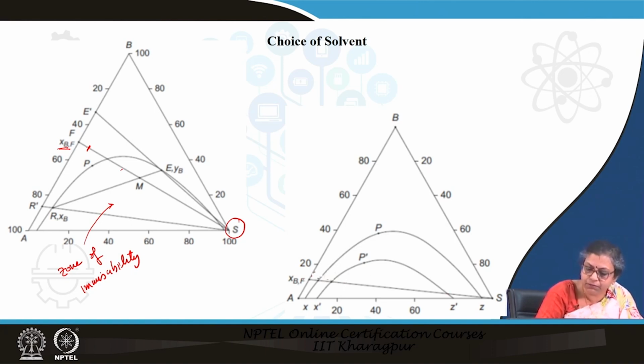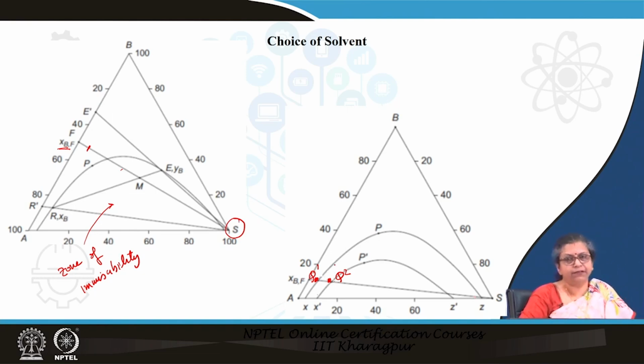We find that the minimum amount of solvent that we need to enter the zone of immiscibility is say Q1 in the first case, and for solvent 2 it is say Q2. Naturally, if we opt for the solvent with the smaller zone of immiscibility, then we need a greater amount of solvent to be added. So, if we are given these two solvents, we would definitely opt for solvent 1 with the larger zone of immiscibility which is given here.